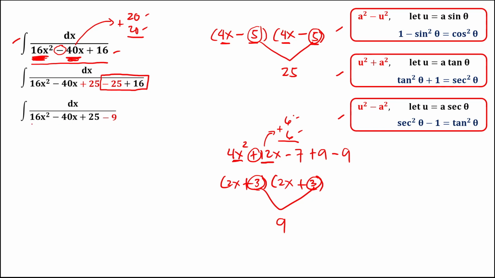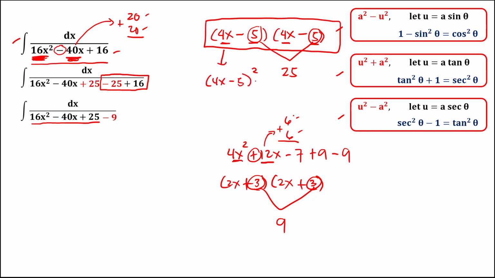Then to find the factors for this 16x squared minus 40x plus 25, that is equal to 4x minus 5 times 4x minus 5, or this is equal to 4x minus 5 quantity to the power 2. And for this 9, this is equal to 3 to the power 2. So we have now the values for u squared minus a squared.